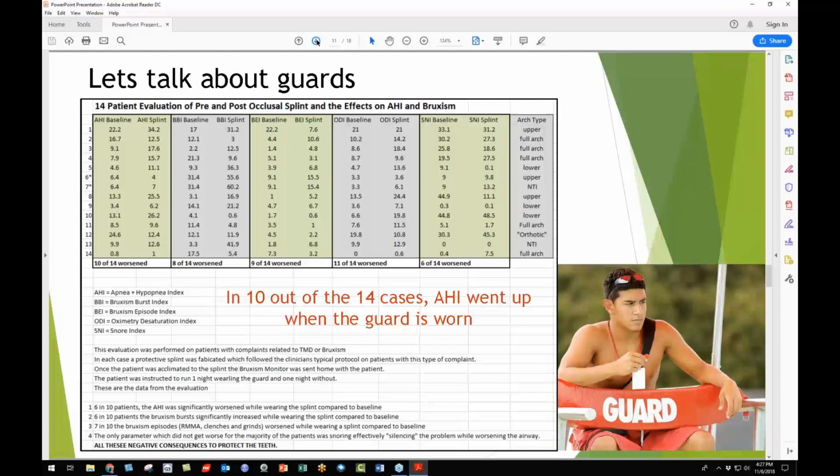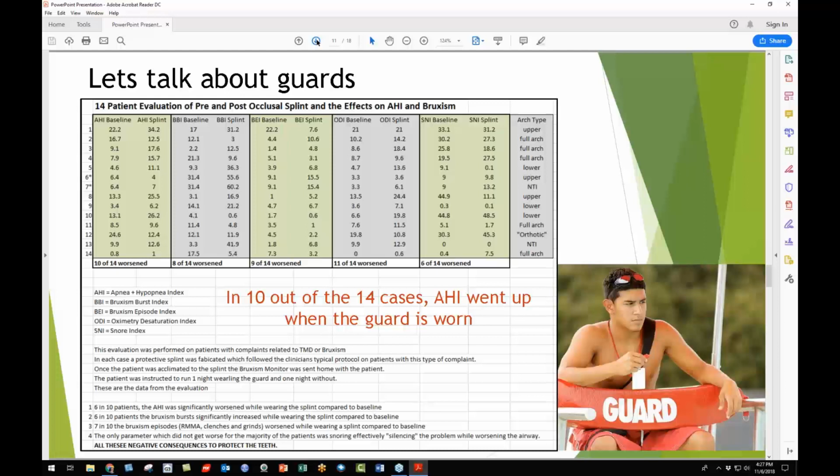And so we did our own research on that. This is a little pilot study. We did 14 cases. What we did is we used the Knox T3, and we sent the patients home with no treatment and then with their night guard.